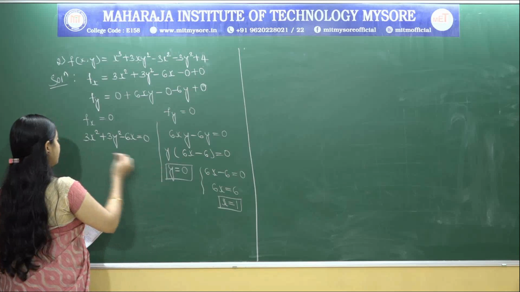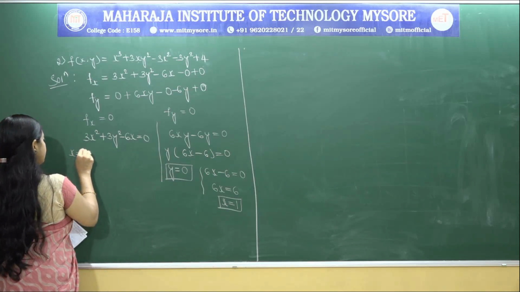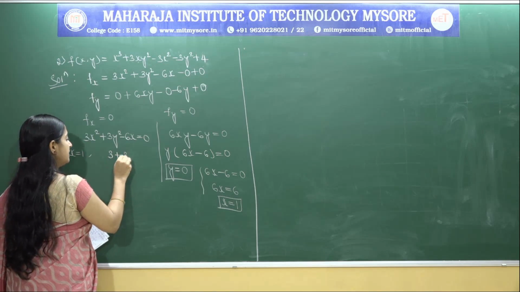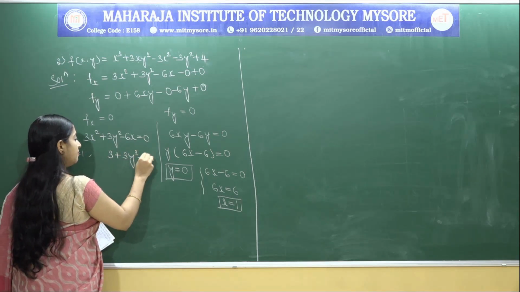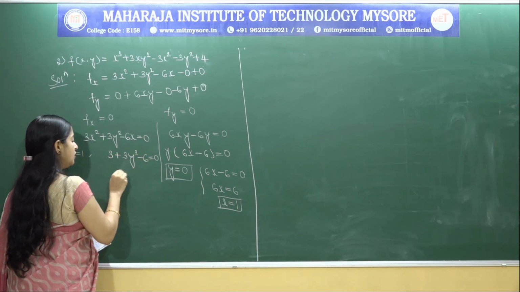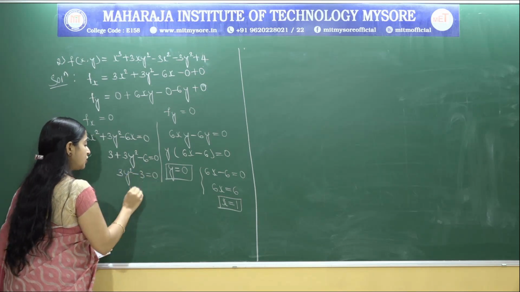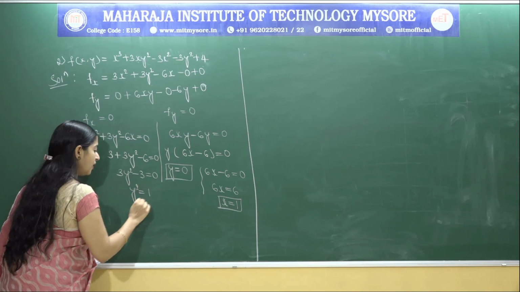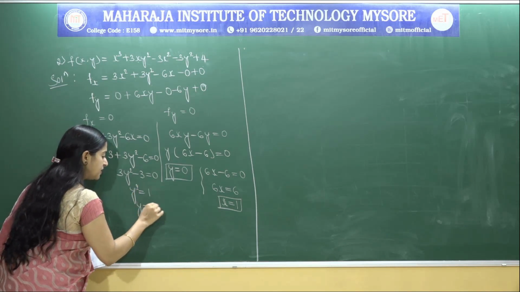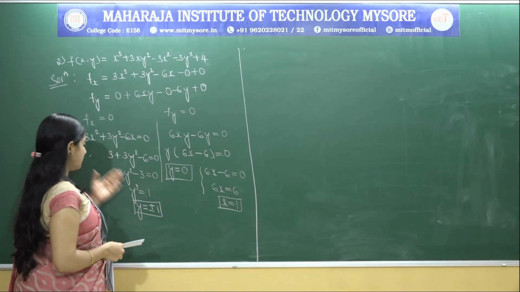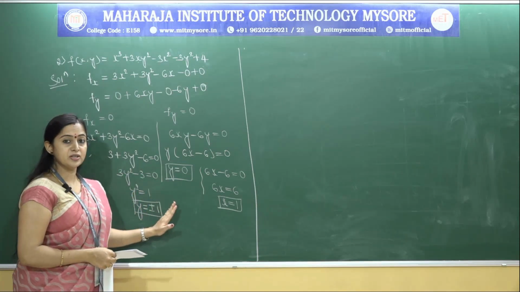First, put x equals 1. We get 3 plus 3y square minus 6 equals 0, so 3y square minus 3 equals 0. You will get y square equals 1, or y equals plus or minus 1. So for x equals 1, you got y is plus or minus 1.